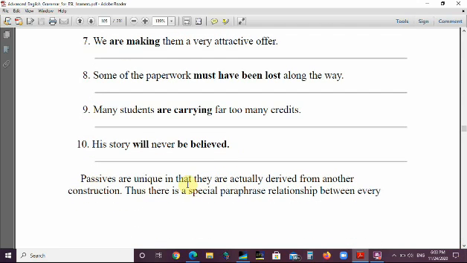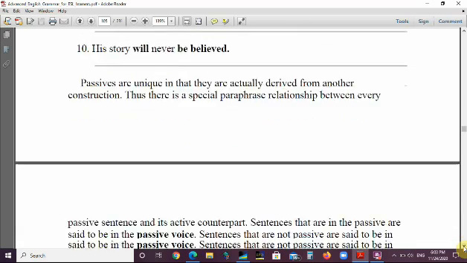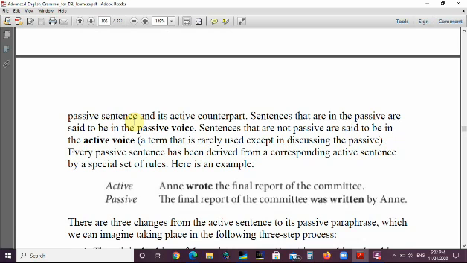Passives are unique in that they are actually derived from another construction. Thus, there is a special paraphrase relationship between every passive sentence and its active one, which means the passive sentence is just the paraphrase of the active counterpart.